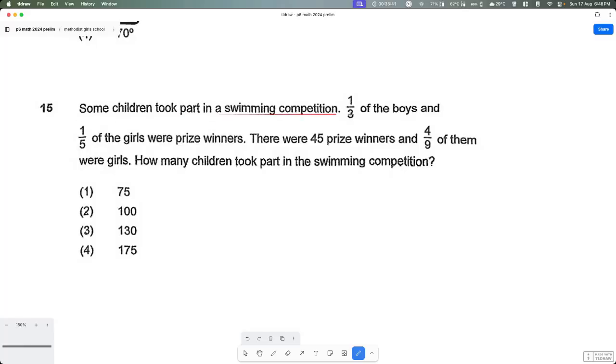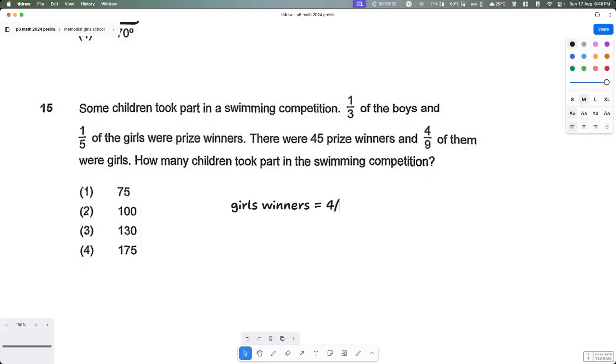Some children took part in a swimming competition. 1/3 of the boys and 1/5 of the girls were prize winners. There were 45 prize winners, and 4/9 of them were girls. How many children took part in the swimming competition? So we know that girls winners is equal to 4/9 times 45.